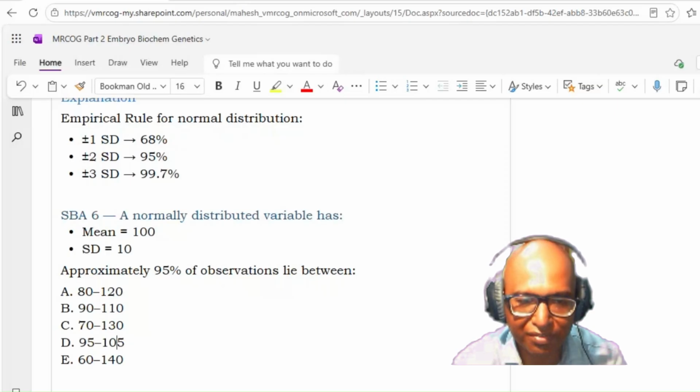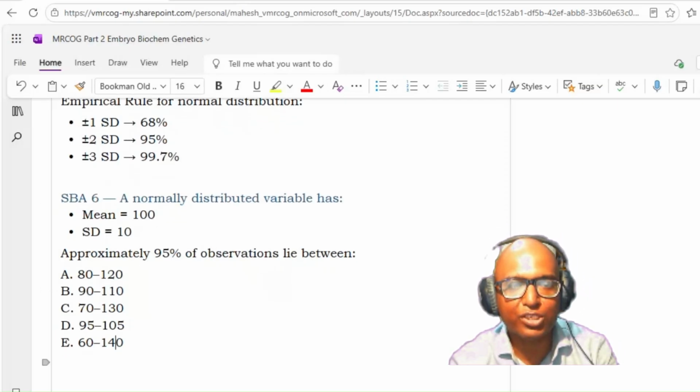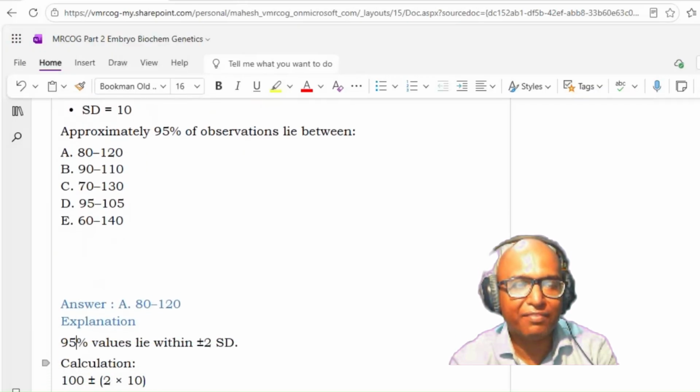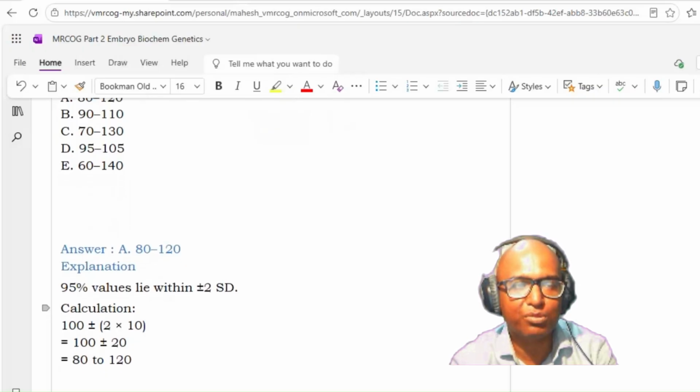Yes, 80 to 120. Such type of calculation you have to do, not very difficult. 2 SD you will go on either side. So 95% of values lie within plus minus 2 SDs, so 100 plus minus 2 into 10.